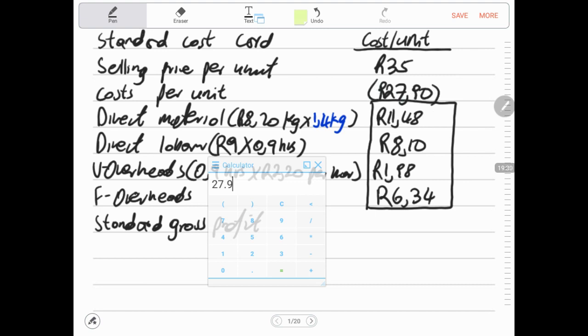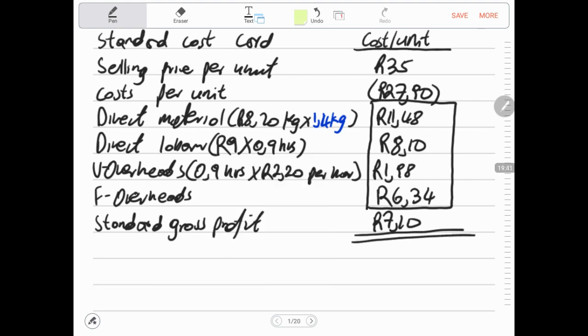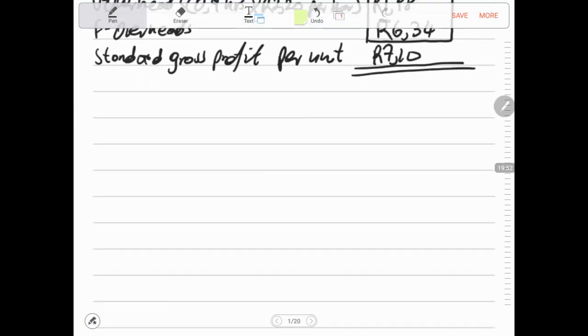So now 27 rand 90 cents minus 35 rand of the selling price, this gives me 7 rand 10 cents, and 7 rand 10 cents now becomes the standard gross profit per unit. So now this is in response to the first requirement.